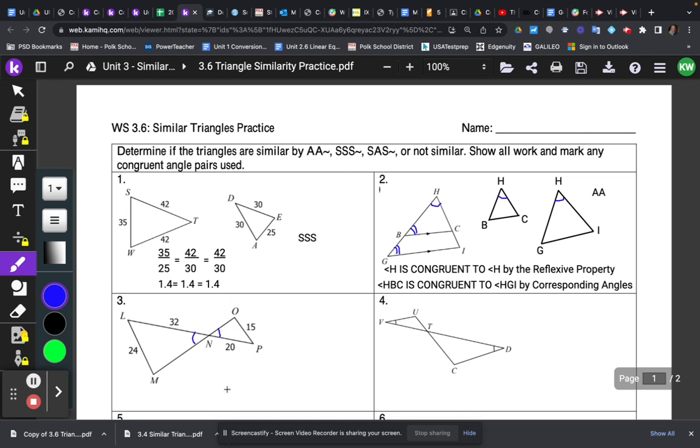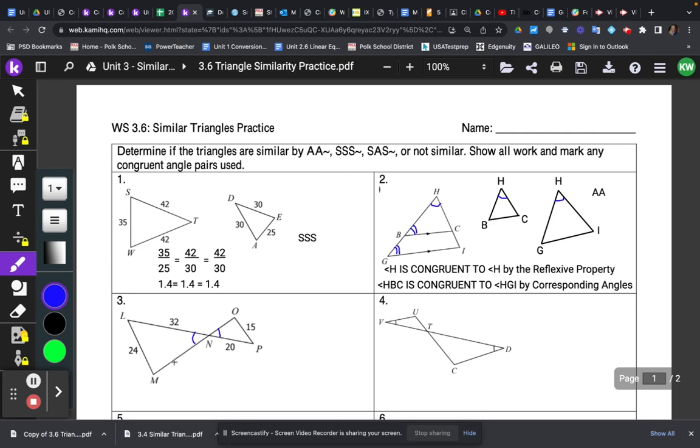But I'm noticing something. I do have an angle and two sides. But are the sides on either side of the angle that we just wrote down? I don't think so. Do you? That angle is definitely not between.